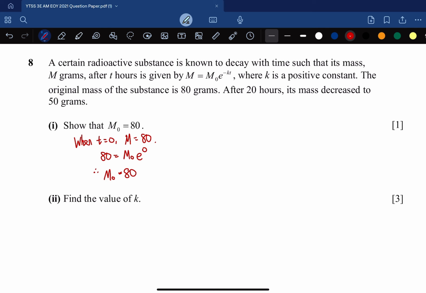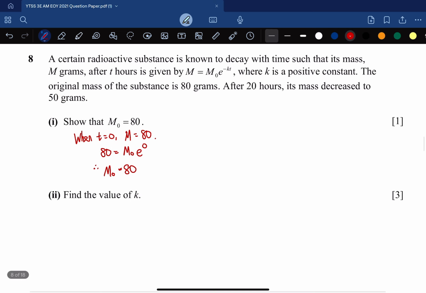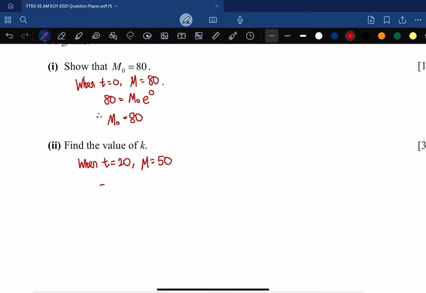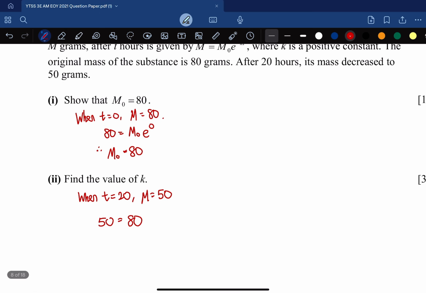Then moving on to part 2, find the value of k using the information given in the question. After 20 hours, meaning that when t is equal to 20, then M becomes 50 grams. So if we sub this into the equation, we have 50 equals 80, since I know that M naught is 80 from part 1, e power negative k times 20.